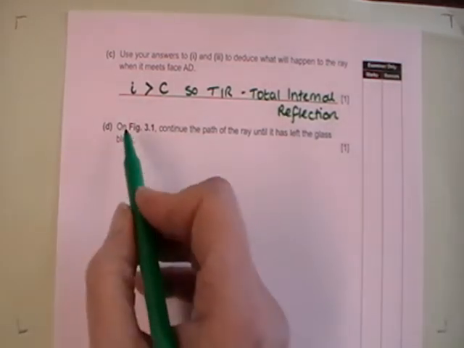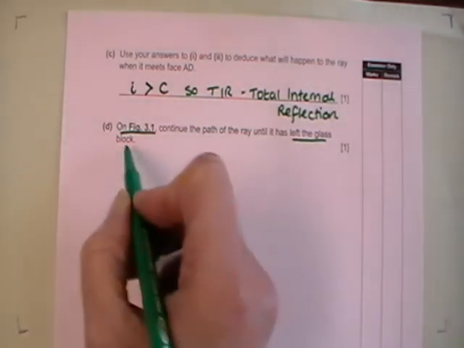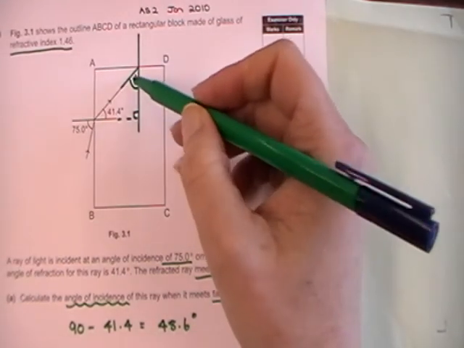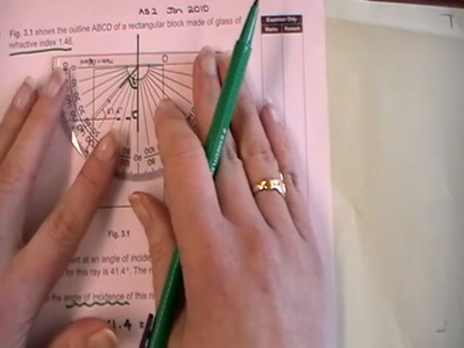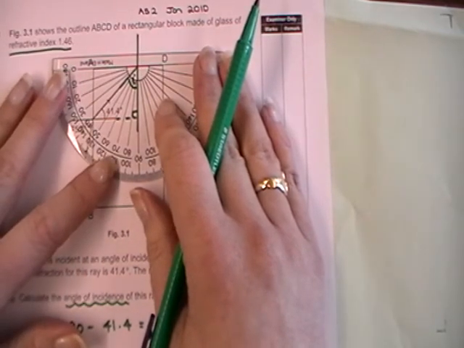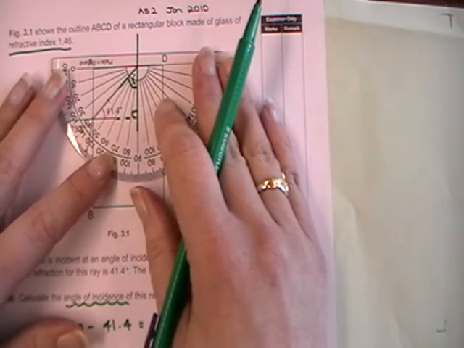Now, on figure 3.1, going back to our diagram, continue the path of the ray until it has left the glass block. Okay, let's look at this diagram then. What we have is total internal reflection here, and this angle is 48.6, and when we place our protractor on here, we should find that it's 48.6 degrees or 49 degrees.